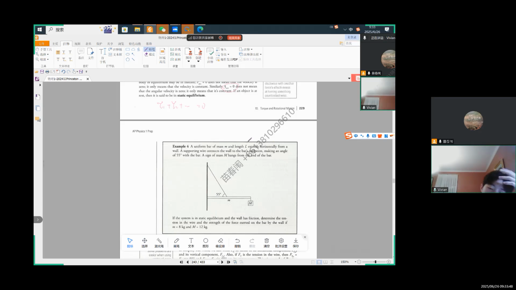The wall has friction. Find the tension in the wire. So this has force pulling down, and this one also has force down, but this one has to be pointed back up, and then there's force here.